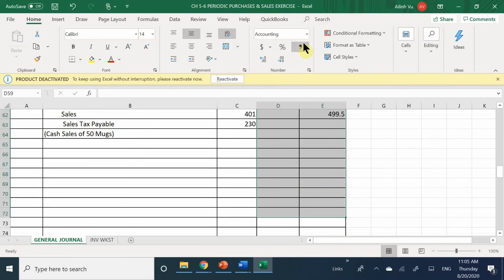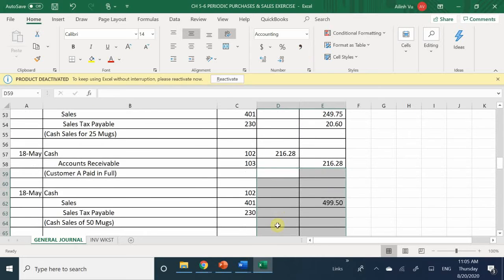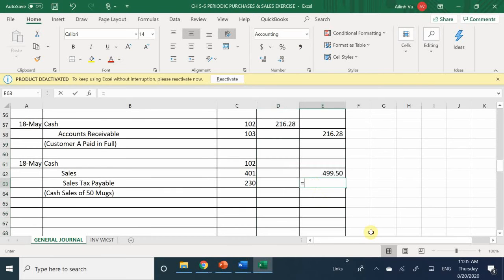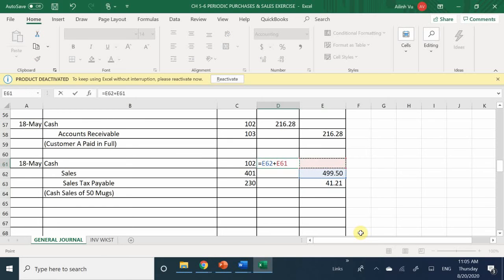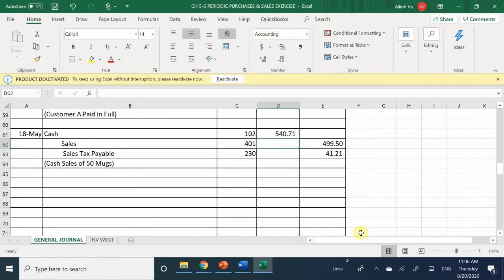All right. What is my sales tax going to be? $41.21. Perfect. And what is my total cash I'm going to be receiving? 540.71. That is correct. Okay, good.